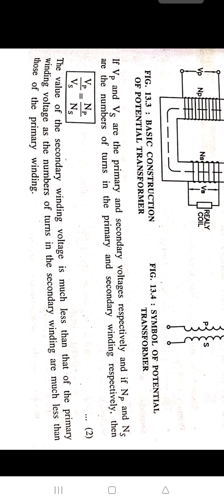That is why Vp upon Vs equals Np upon Ns. The value of secondary winding voltage is much less than that of the primary winding voltage, as the number of turns in the secondary winding is much less, because they are proportional to each other. So if the turns ratio is reduced, the voltage will also reduce.